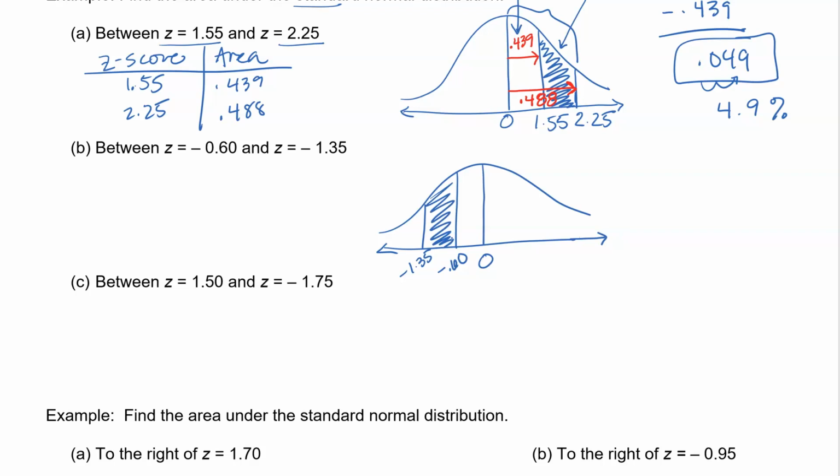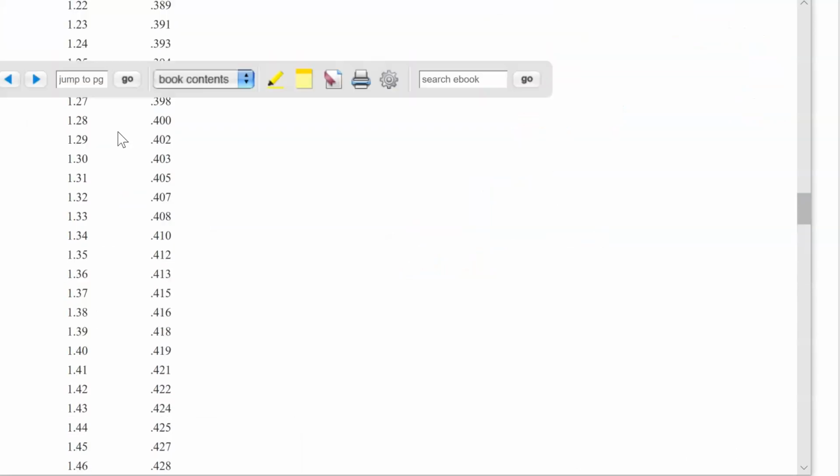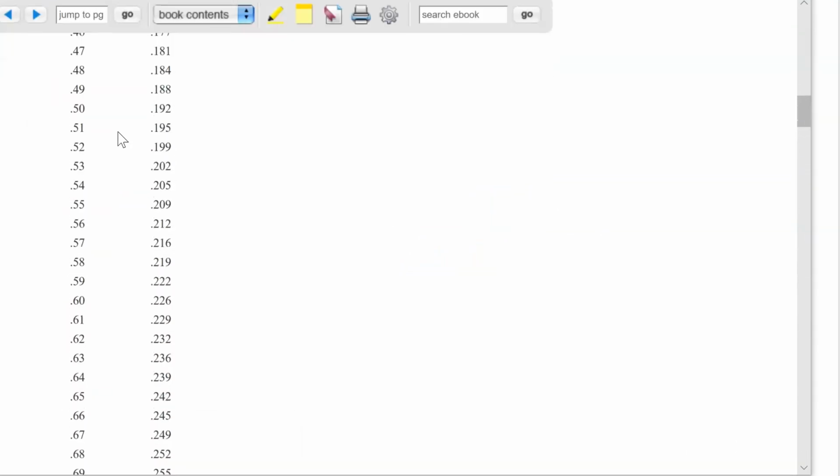Okay, I am going to look up the z-scores on the table and write down the areas for those. This is worth mentioning here: when you look up on the table, notice that none of the z-scores are negative. Well, the curve is symmetric, so if you want to find the area for negative 0.60, you can just find the area for 0.60.